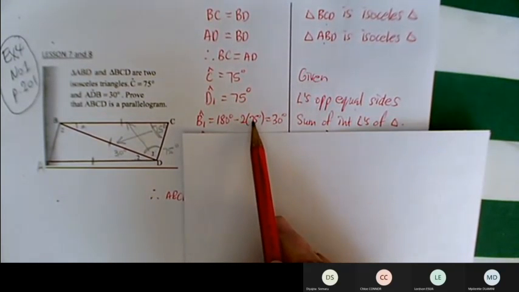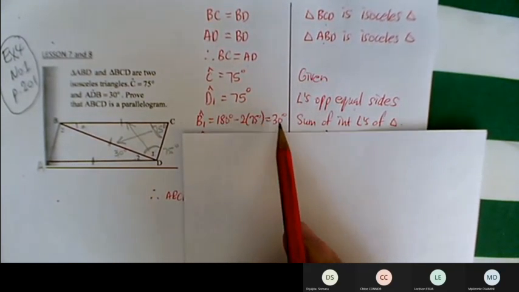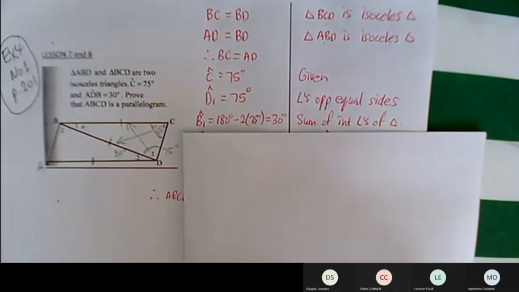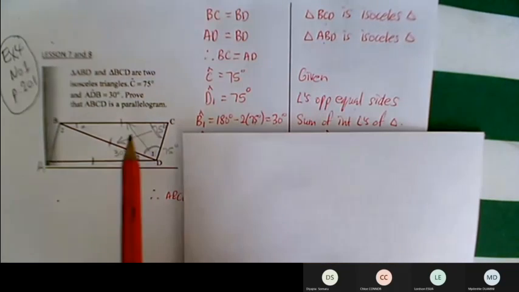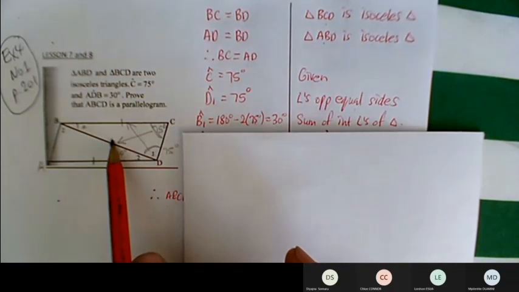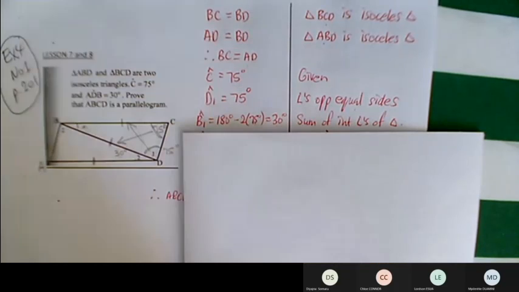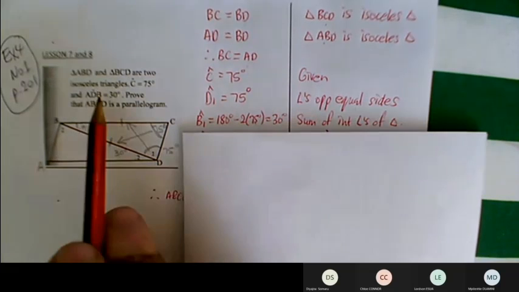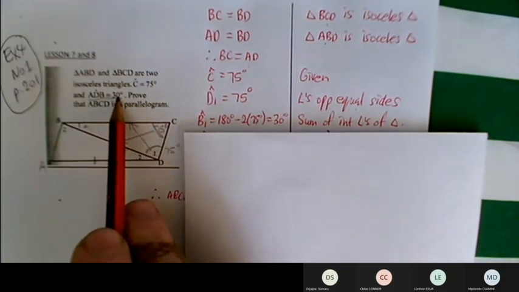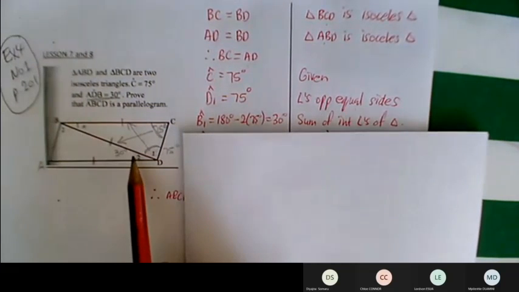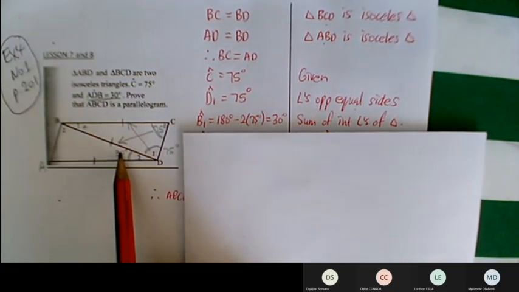So 2 times 75 is 150, 180 minus 150 is 30. Our reason there is the sum of interior angles of a triangle add up to 180 degrees. So we know that D2 is 30, which they told us. Remember D2 was 30, they told us here.